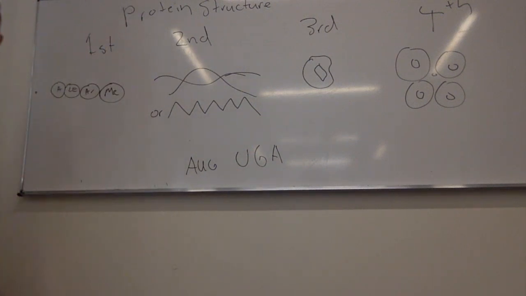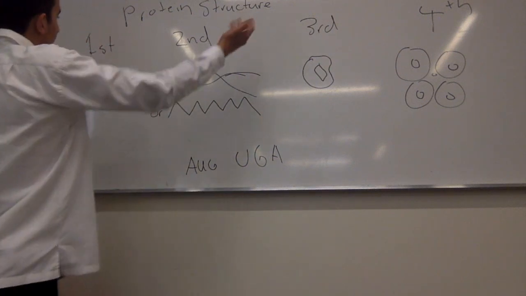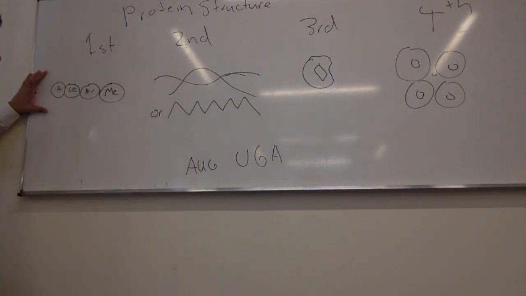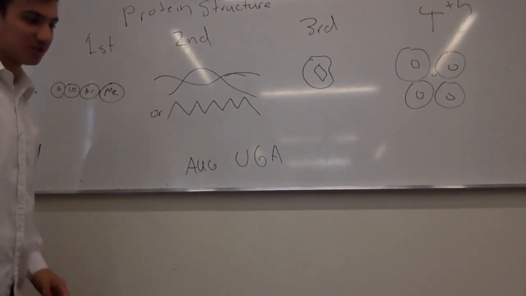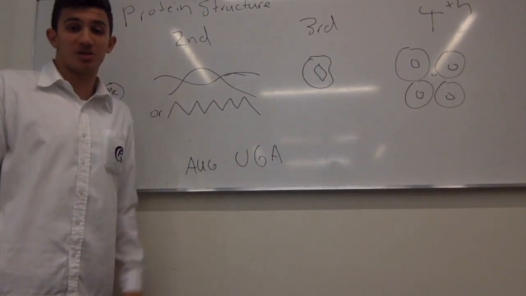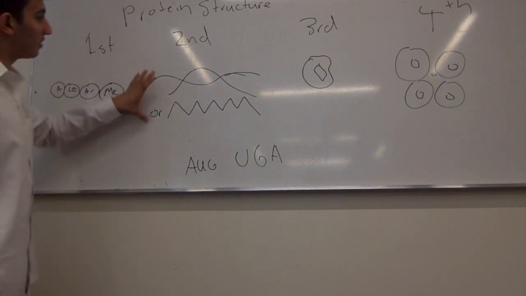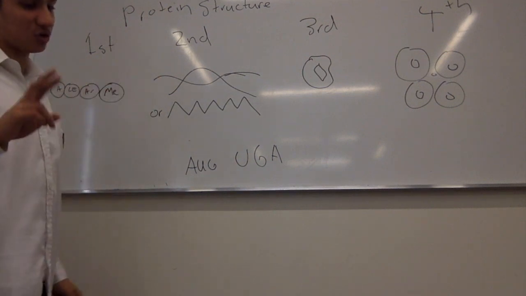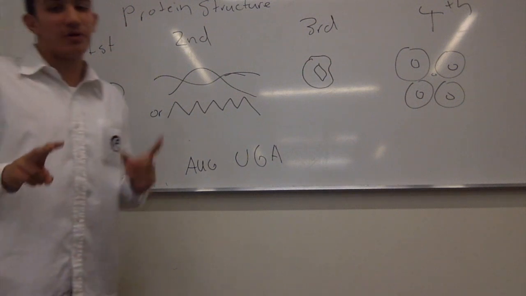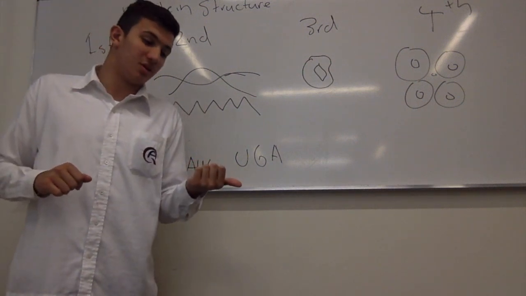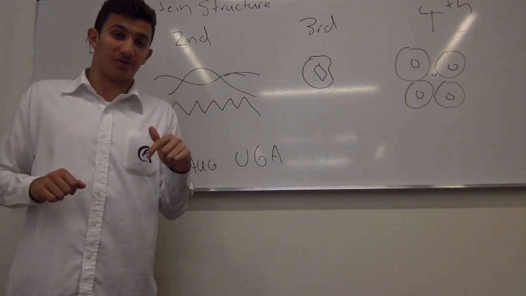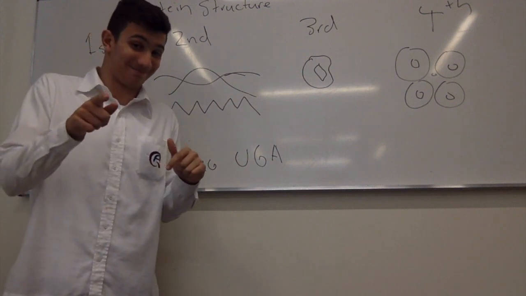We now move to protein structure, as you can see up here. We have the first structure, which is an amino acid chain. So this is when they're connected by peptide bonds, giving their name polypeptide. After this, the positive and negative parts, because there are 20 amino acids. And of these amino acids, some are positive, as in the R group is positive, but we'll have to refer to that later.